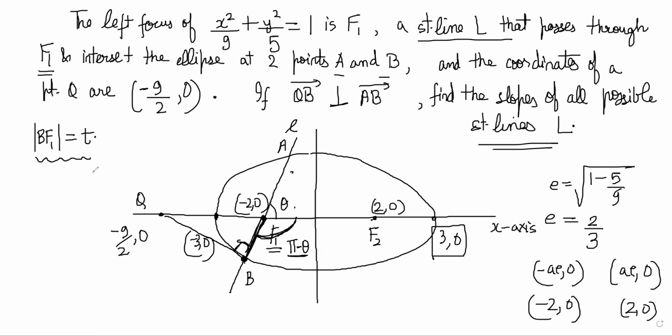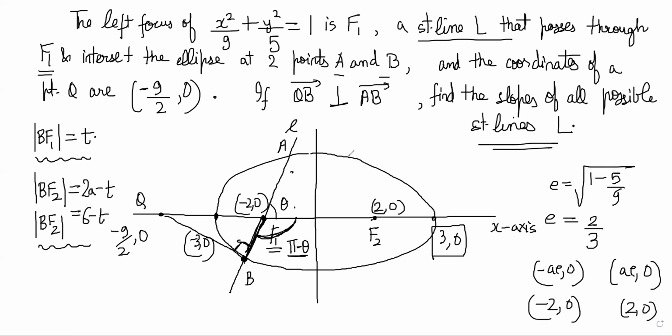If BF1 is T, then by the property of the ellipse, BF2 should be equal to 2A minus T, and A is 3, so it is 6 minus T. Why is this true? We know that the ellipse is the locus of all the points such that the sum of their distances from both the foci adds up to the major axis.